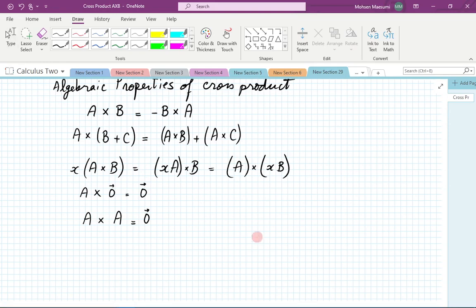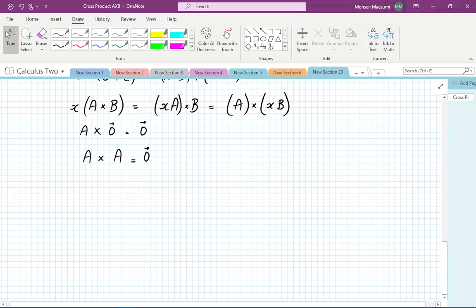We have another property which is mixing our dot products with a cross product. If I have a vector and I dot it with the cross product of 2 other vectors, now you have 6 ways of doing this, and for the most part they turn out to be the same.